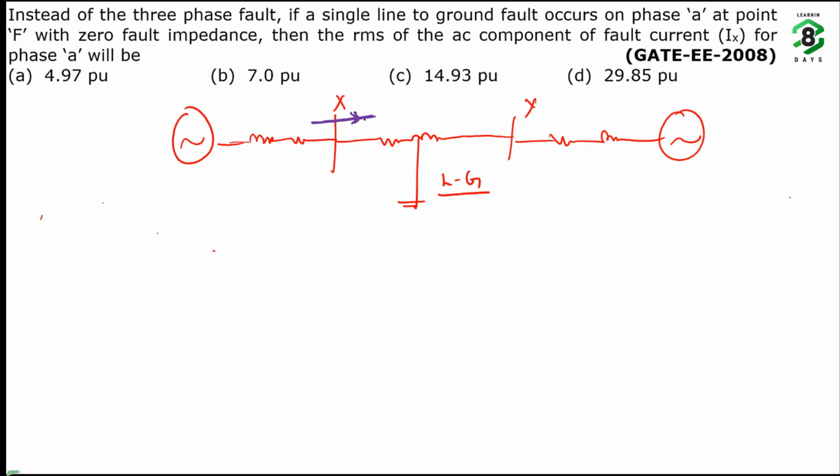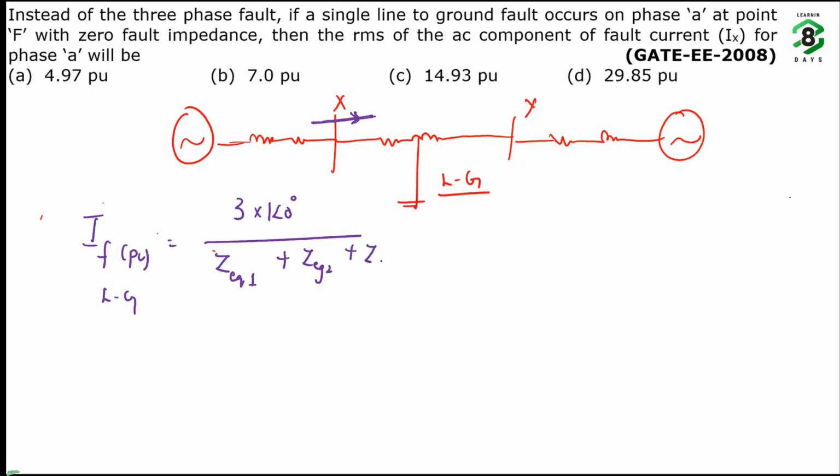That is the question. So the per unit fault current for LG fault is 3 into 1 at an angle 0 divided by positive sequence impedance plus negative sequence impedance plus 0 sequence impedance, which we know.